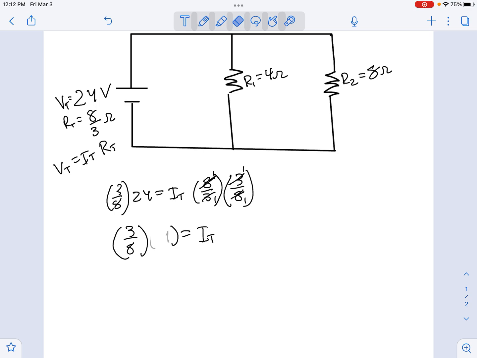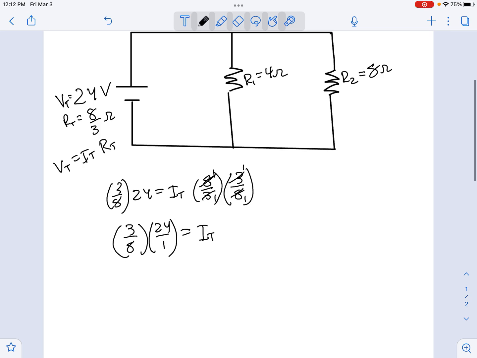And we can write this, if it makes it easier for you to think about it, as 24 over 1. So now we look at this and we can say, oh, 8 and 24 are both divisible by 8. So if we divide 8 by 8, we get 1. If we divide 24 by 8, we get 3. 3 times 3 is 9. So 9 is equal to IT. So here, we can say IT is equal to 9 amps.